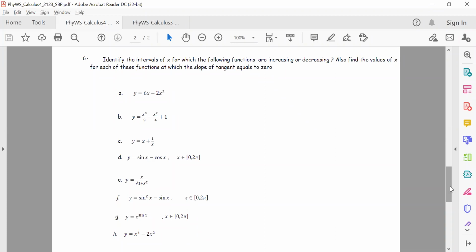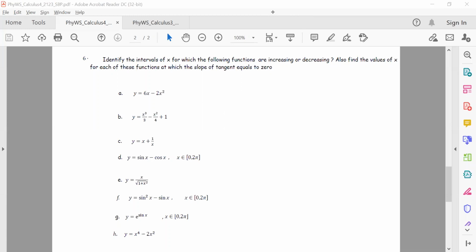Few of the parts are a little bit complicated here, so I'll discuss with you. Question 4, okay, I'll discuss question 4 also.